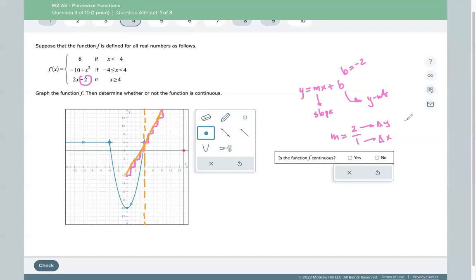Or you can also be moving 1 unit to the left and 2 units down, because that is actually a slope of +2, minus divided by minus, so that would be 1 unit to the left, 2 units down for the next point, and so on. But because we just want to sketch the graph 2x - 2 on this side of the vertical line, we're just going to keep that segment of the graph.